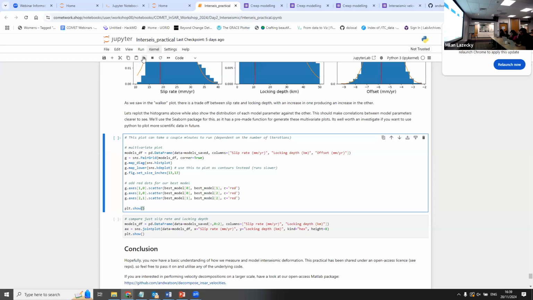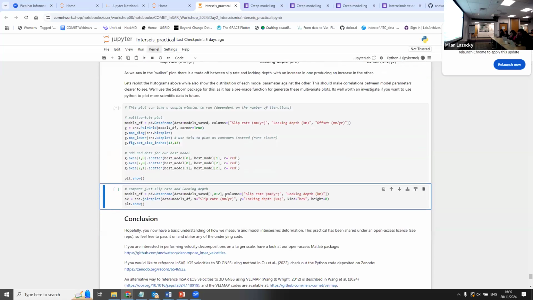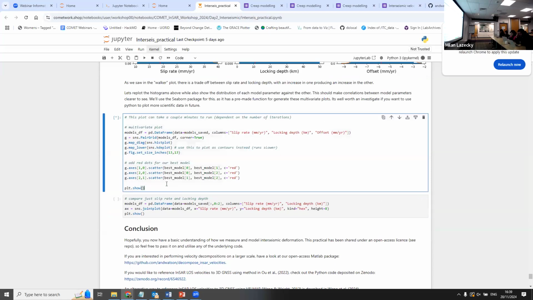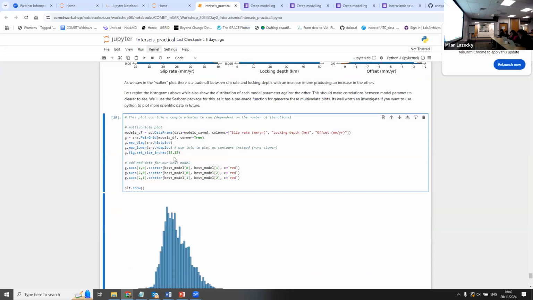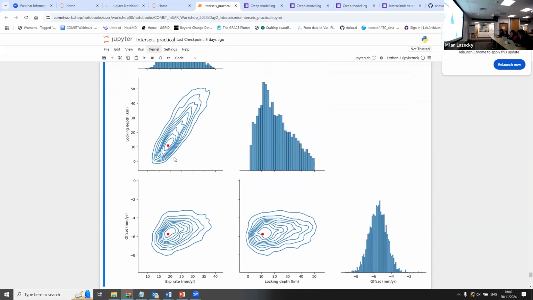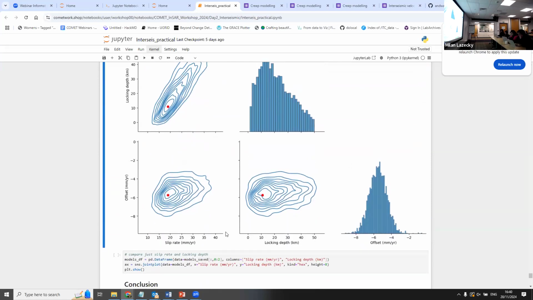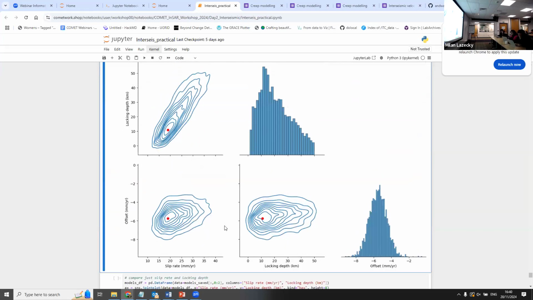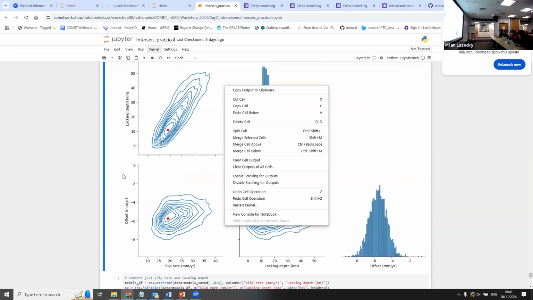And then you can also show the correlation between model parameters by running this code. This code will show you the correlation between the parameters. This is also very important.